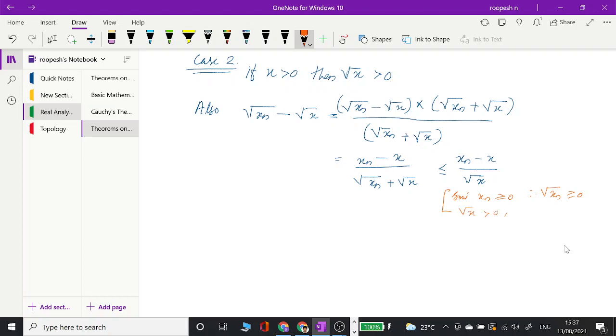Then square root of xn plus square root of x should be greater than square root of x. Therefore 1 by square root of xn plus square root of x should be less than 1 by square root of x. So we have used that one here.